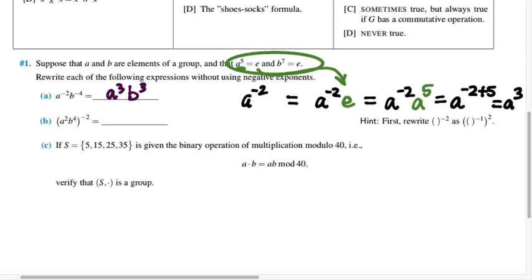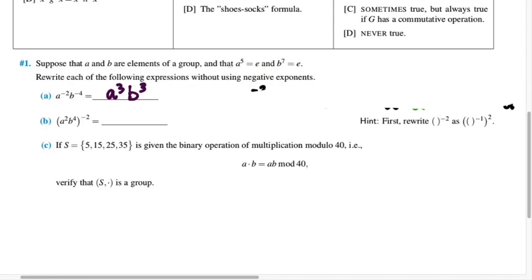So maybe another way to think about what the work of doing a problem like this would look like is just to start with that whole expression, a to the minus 2, b to the minus 4, and maybe multiply it on the left side by a to the power 5, and multiply it on the right side by b to the power 7.